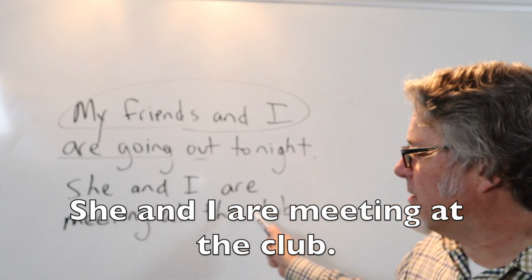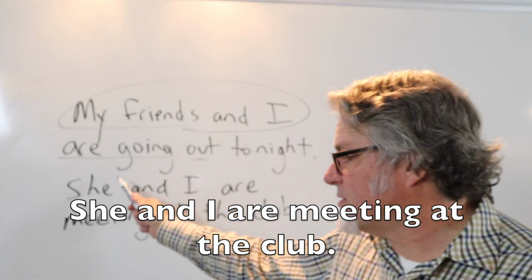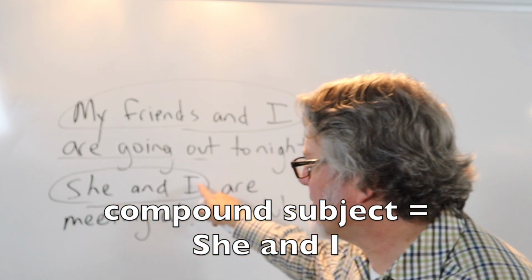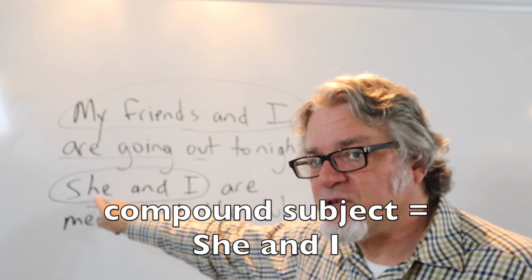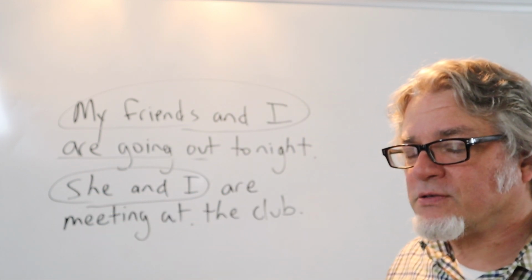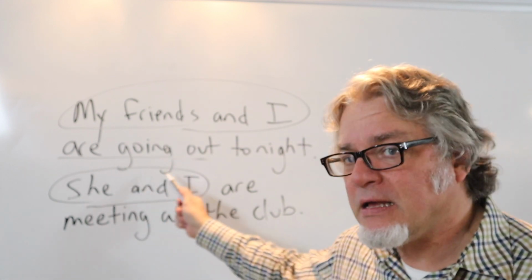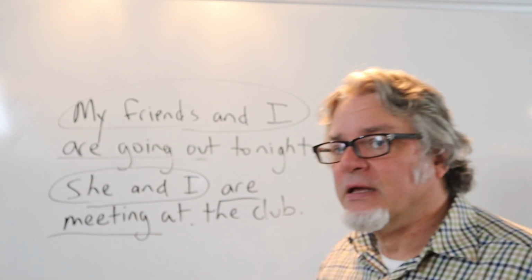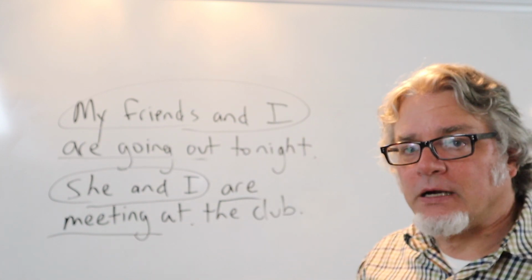She and I are meeting at the club. This is the same thing. Here's the compound subject. I goes after this first pronoun. They're both subjects, but together they form the compound subject. And then here's the verb that matches the subject.